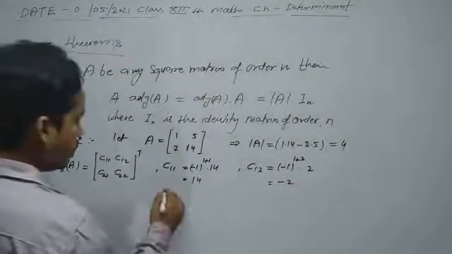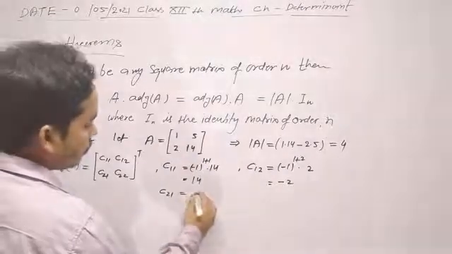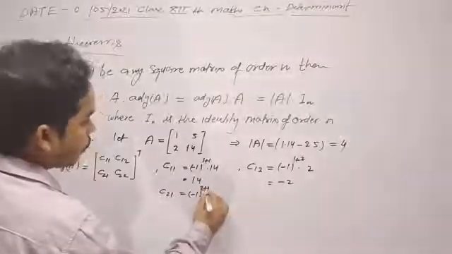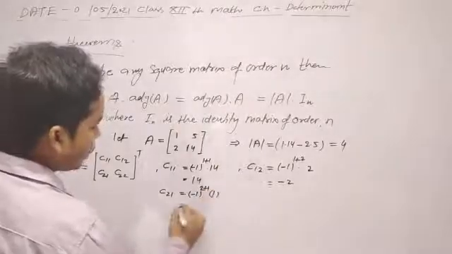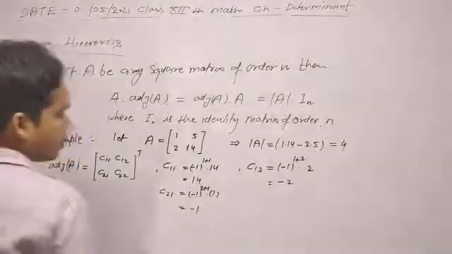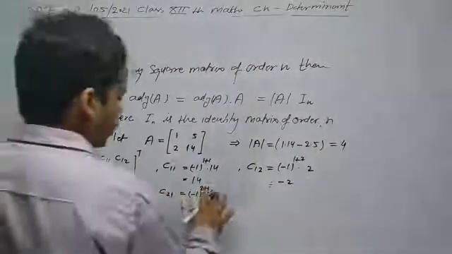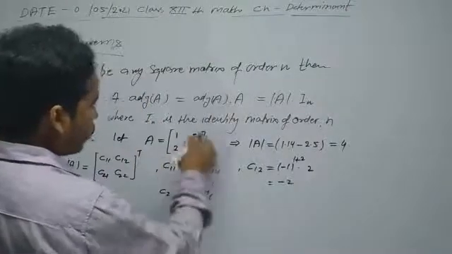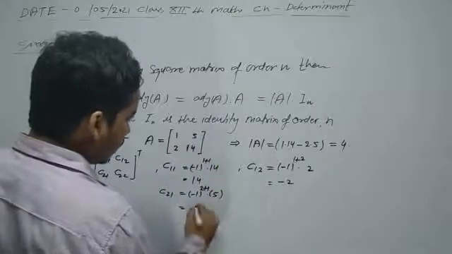Similarly, C21 means delete the second row and first column: minus 1 to the power 2 plus 1 into 5, so the result is minus 5.